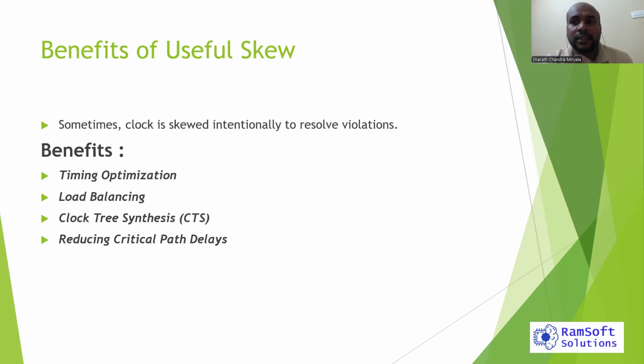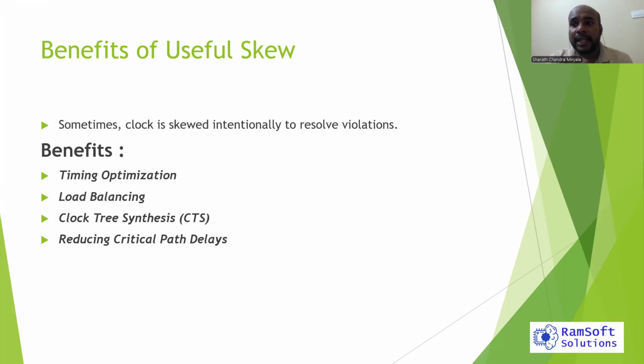Let us suppose we have some useful skew that can help us balance the load across different parts of the circuit. That will reduce the maximum current draw, and also improve the power distribution across the different cells.